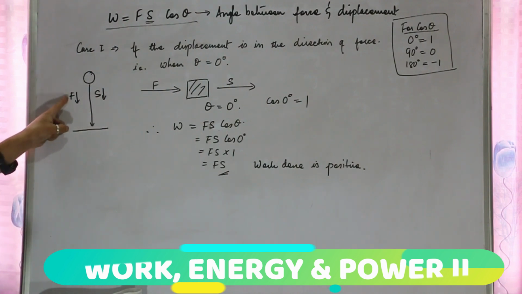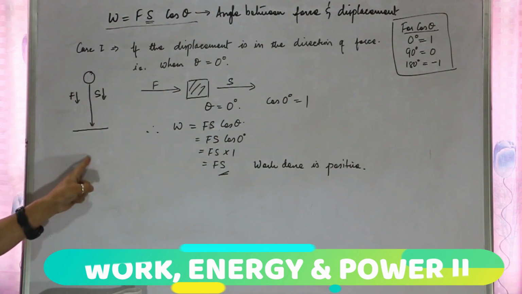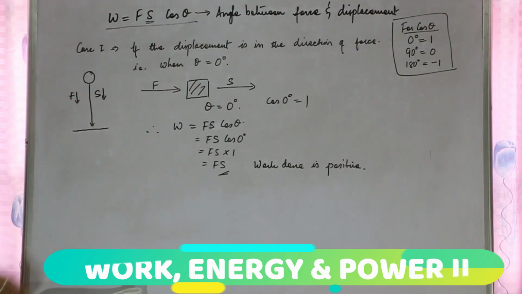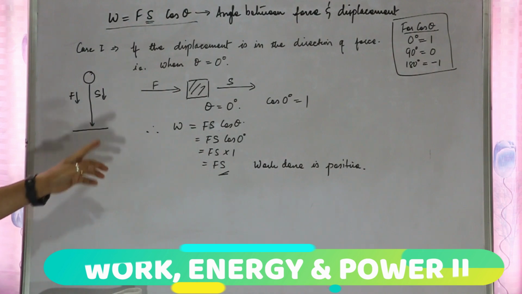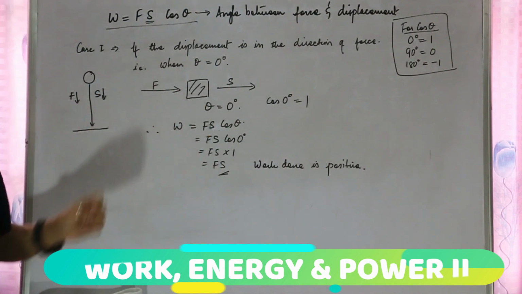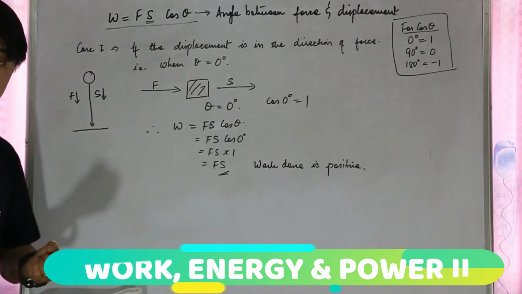We can see here force and displacement are along the same direction. So the angle between the force and the displacement will be 0, and your work done will be positive.